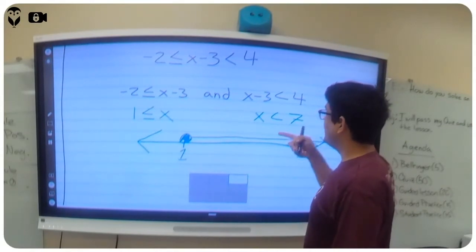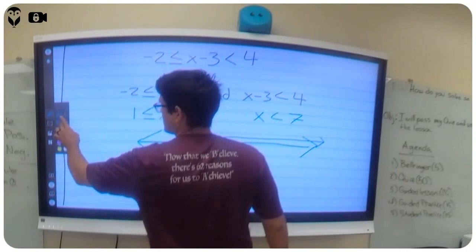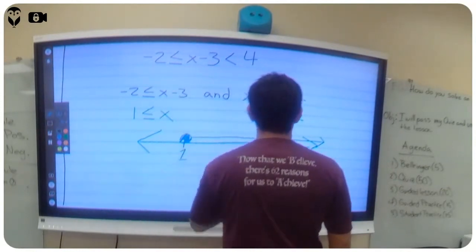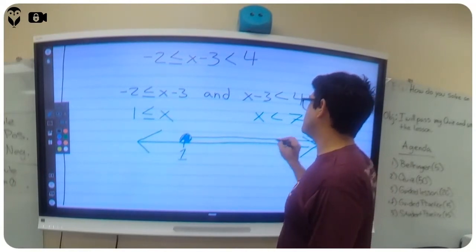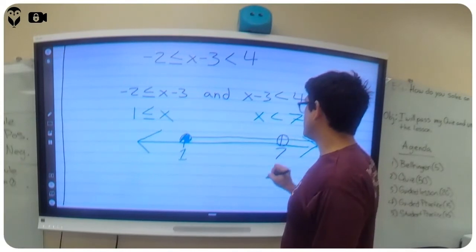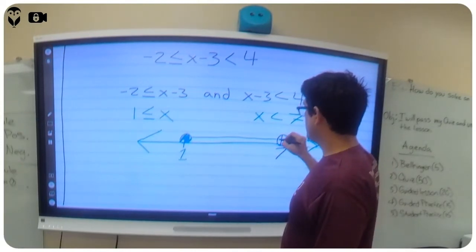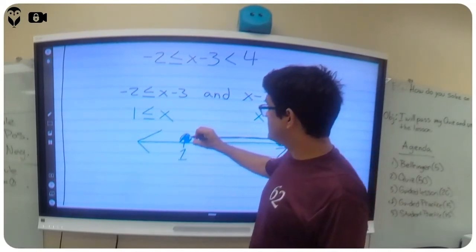This one, x is less than 7, so let's find the green line here. Actually, I'll write it in black because green won't look like that one. So we'll see 7, 1, 2, 3, 4, 5, 6, 7. 7's right here. Open circle, okay? And then less than meaning this way.